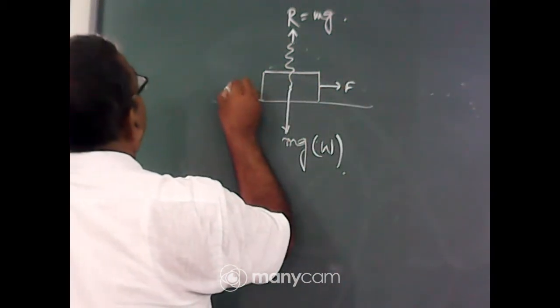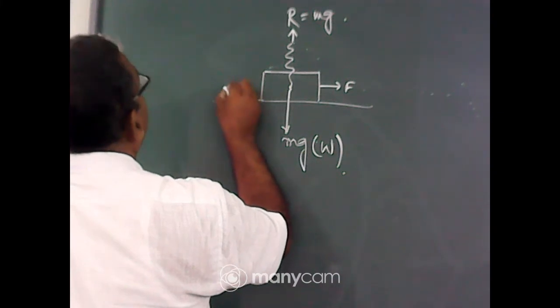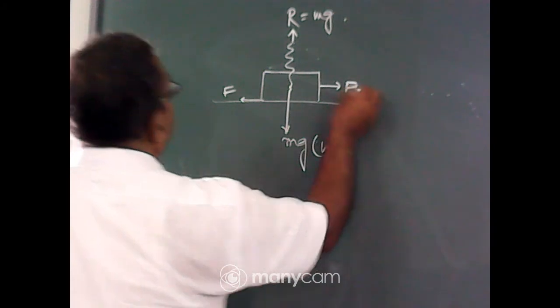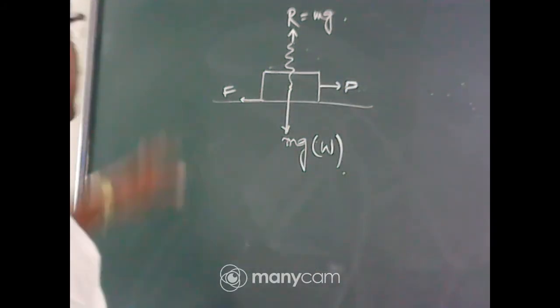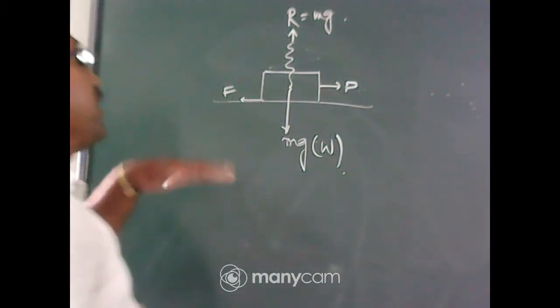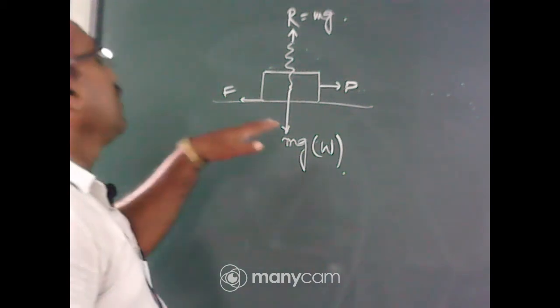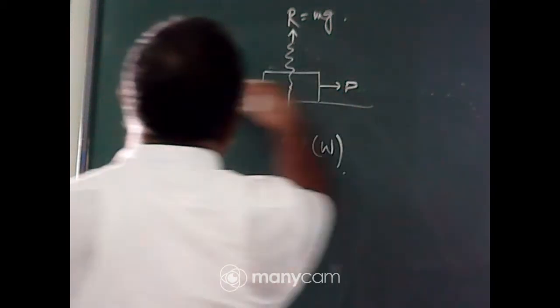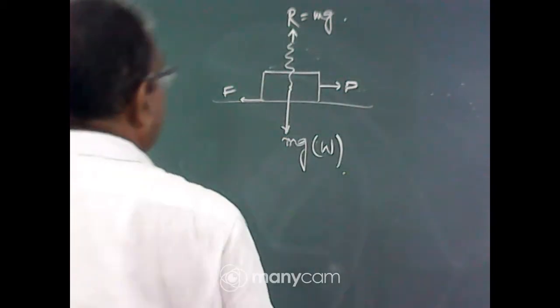And a frictional force F acts on the surface of contact in the direction opposite to the direction of the motion. If you apply a force in this direction, the frictional force is created on that surface. Okay.